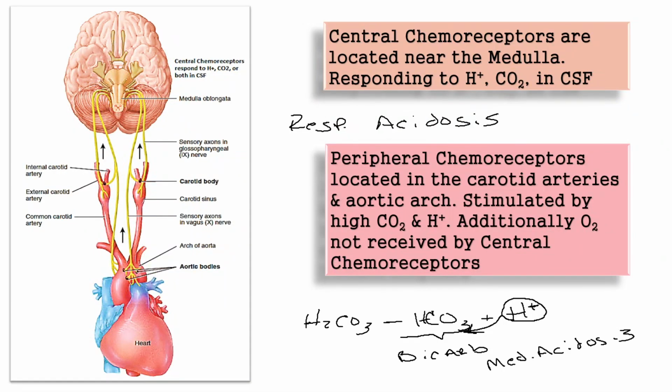Right? Because respiratory acidosis comes along, and sometimes, like in an asthma patient, they'll have just respiratory acidosis. They don't all turn into metabolic acidosis.